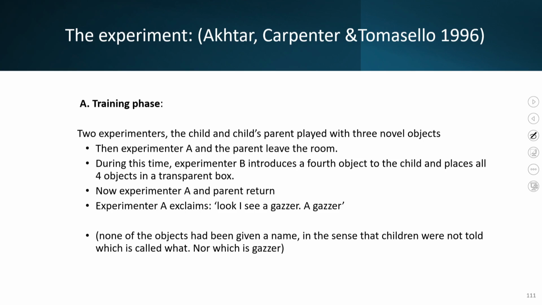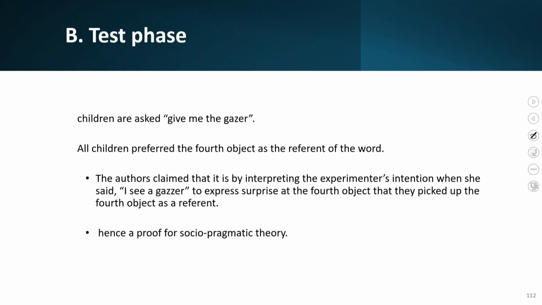Now, in the test phase, children were asked, "Give me the gazer." All children preferred the 4th object as the referent of the word. Tomasello's group claimed that the child knew experimenter A was talking about the 4th object, because the children were interpreting the experimenter's intention: the experimenter was outside the room when the novel object was introduced.